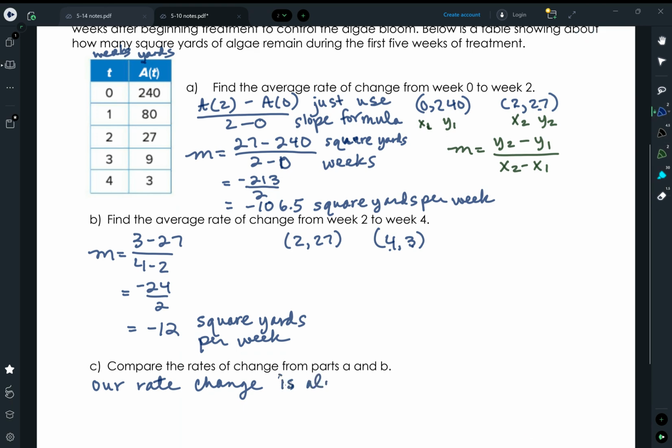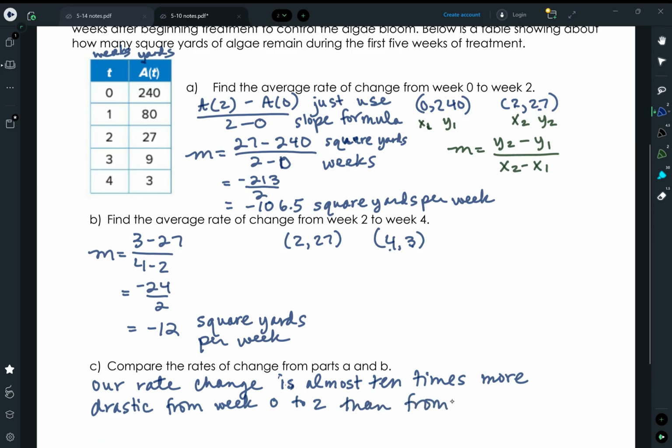Is almost 10 times bigger, or more drastic, right? Lots bigger change happening. It's negative, but it's like shrinking really fast at first and then not so fast. From week 0 to 2 than from week 2 to 4.